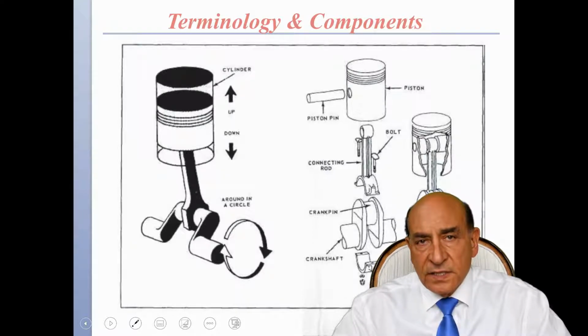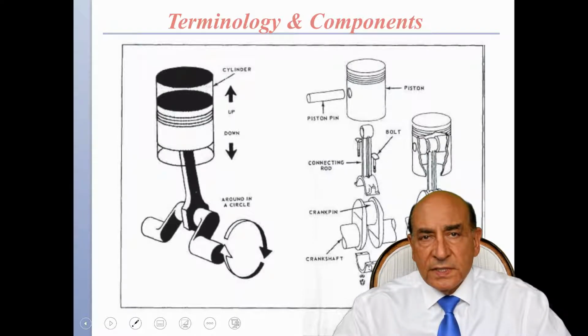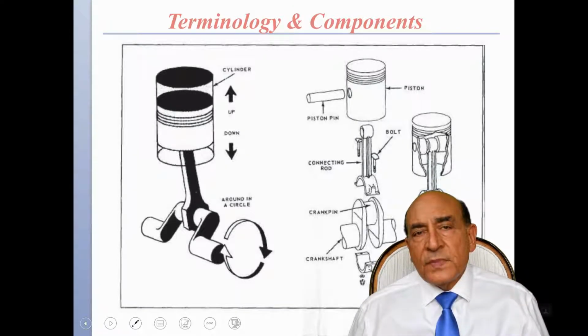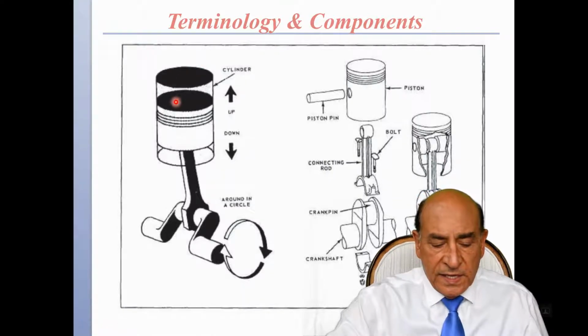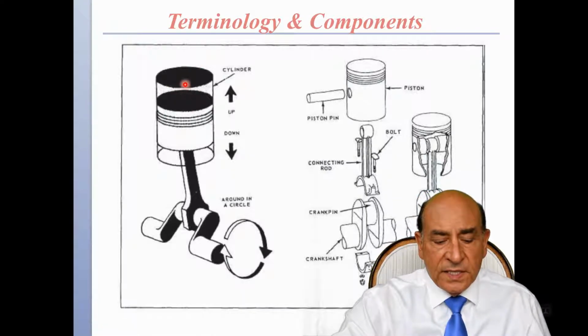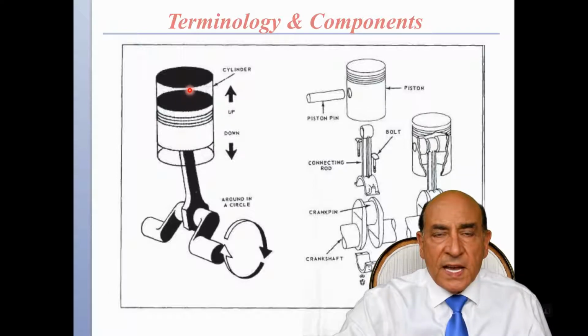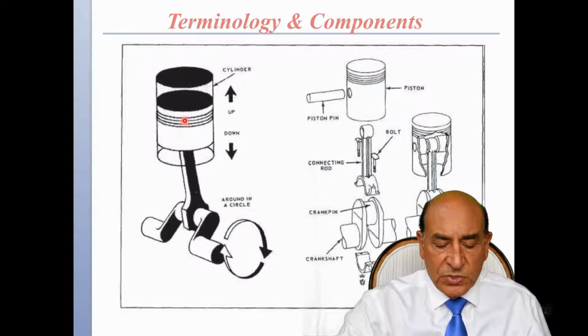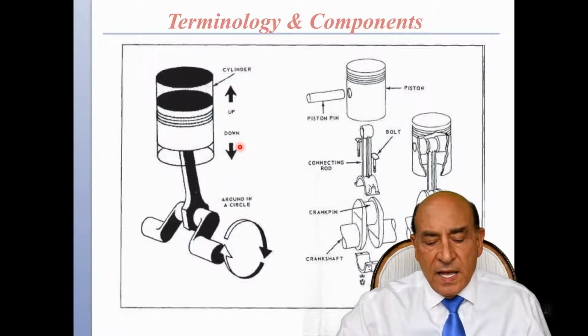So let's focus here on automotive design. In this case, we have an internal combustion engine producing power, and the power is contained in the cylinder. Once we have a spark plug that ignites combustion, the combustion process will push the cylinder down in a linear up and down motion.